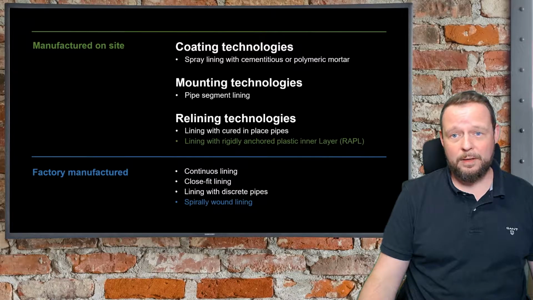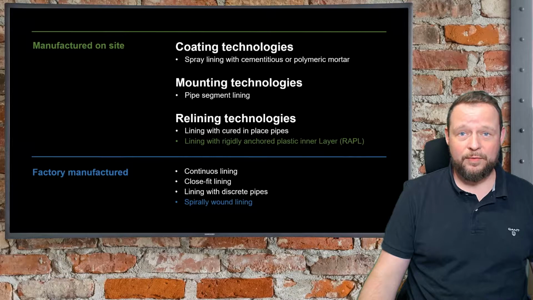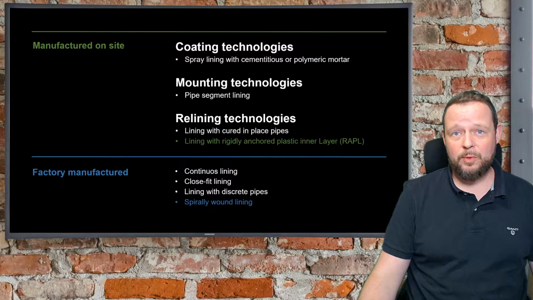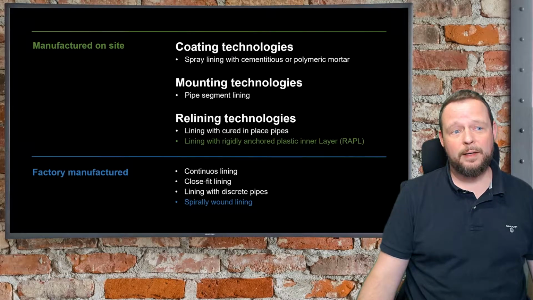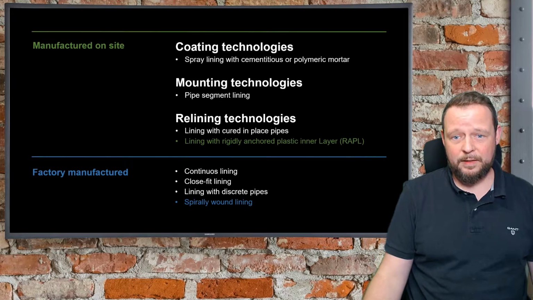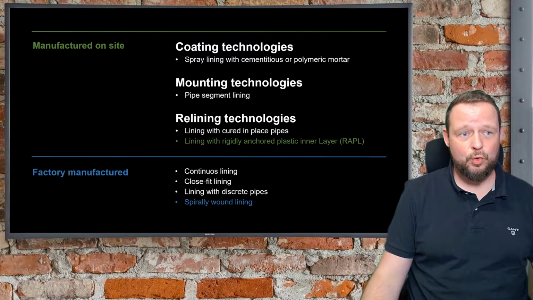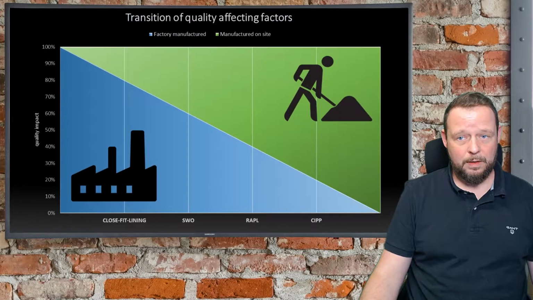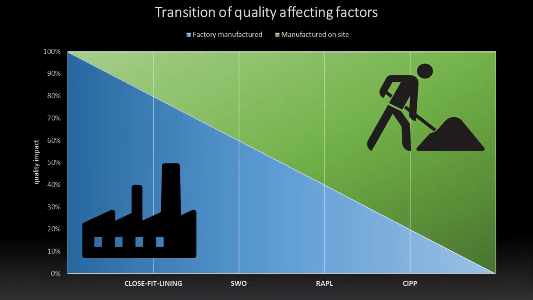In particular, talking about spiral wound lining technologies, we have the RAPL, the lining with rigidly anchored plastic inner layer, which is more a manufactured on-site technology, and the classic SWO lining, the classic spirally wound lining, as a factory manufactured technology. The following graphic will explain a bit better the difference between these two groups of systems. I will make this a little bit bigger for you.